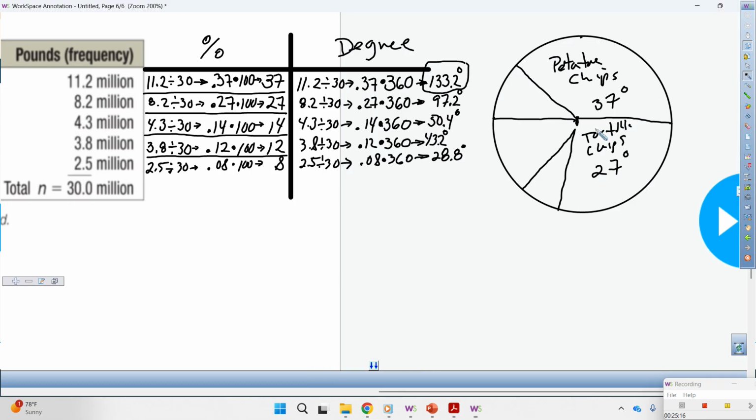So this is pretzels. And that one was 14%.